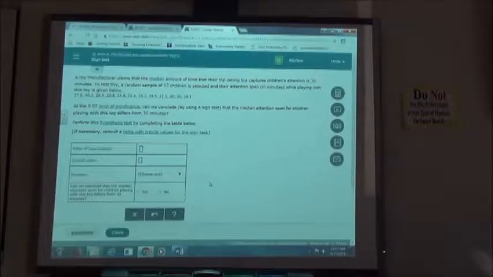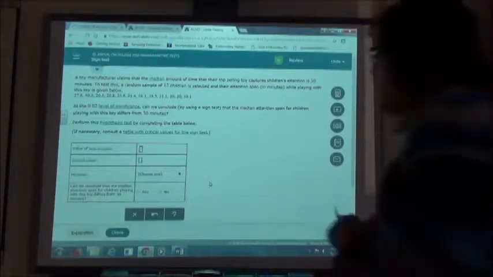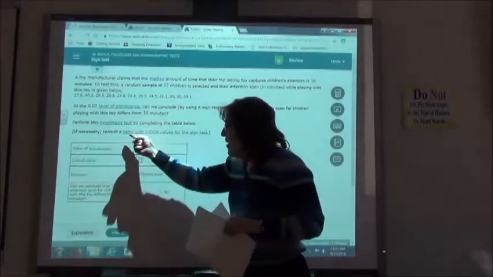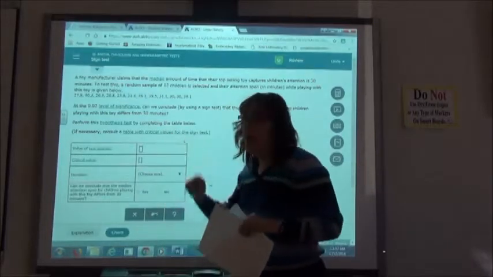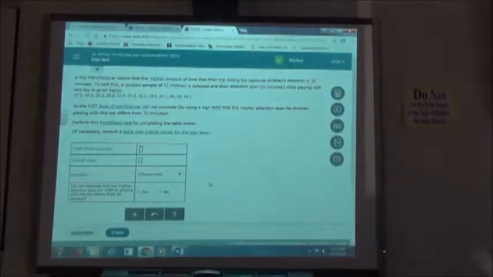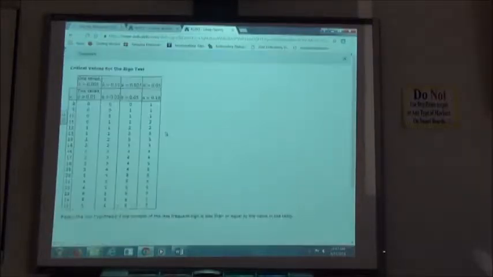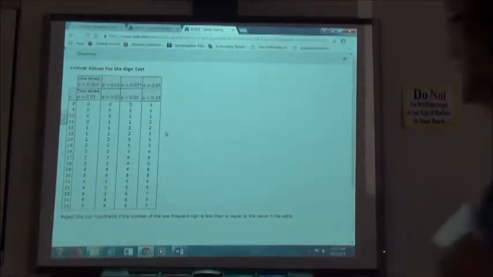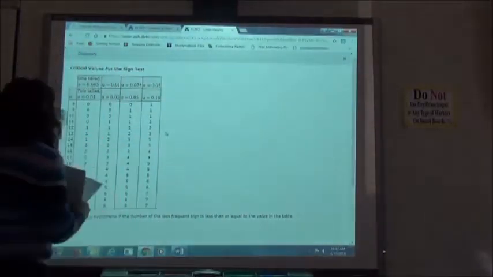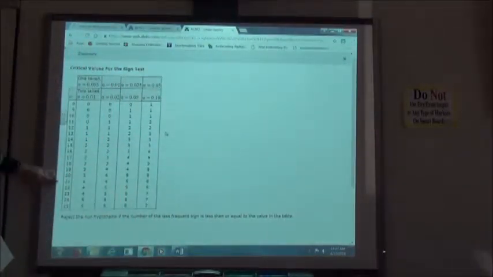On Alex, when I have my question there, you'll notice when it says if necessary, consult the table, you can click on that. I'm going to go ahead and open that up. It's going to bring up a table with the critical values, with my numbers from 8 to 25.